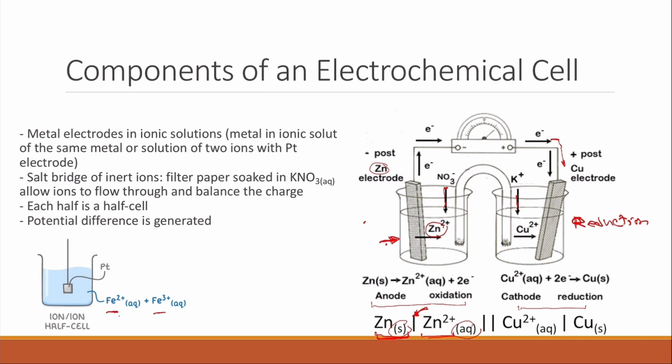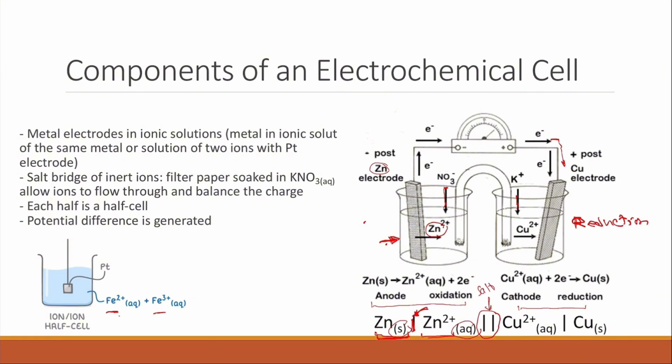So these two are in different phases, and you have to show that by adding this small vertical line. And then we have these two vertical lines between the two half cells, and these represent the salt bridge.